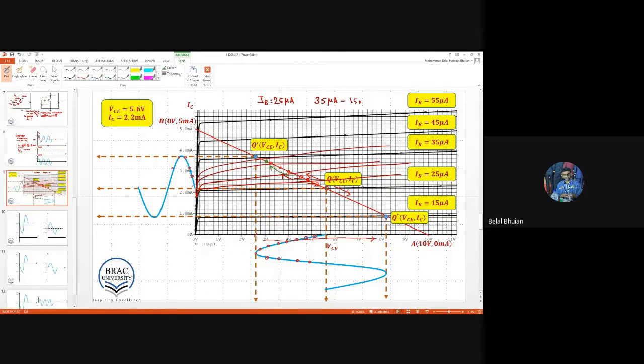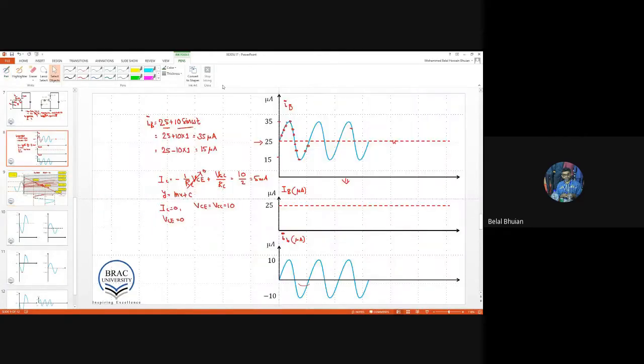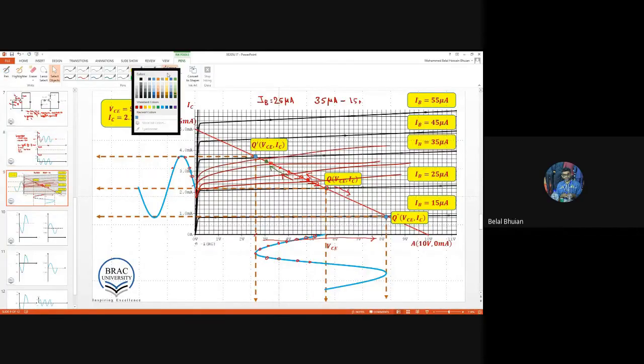Once it has reached 35, it starts to climb down: 34, 33, this way. So from each value of Q point, we are going to get this.